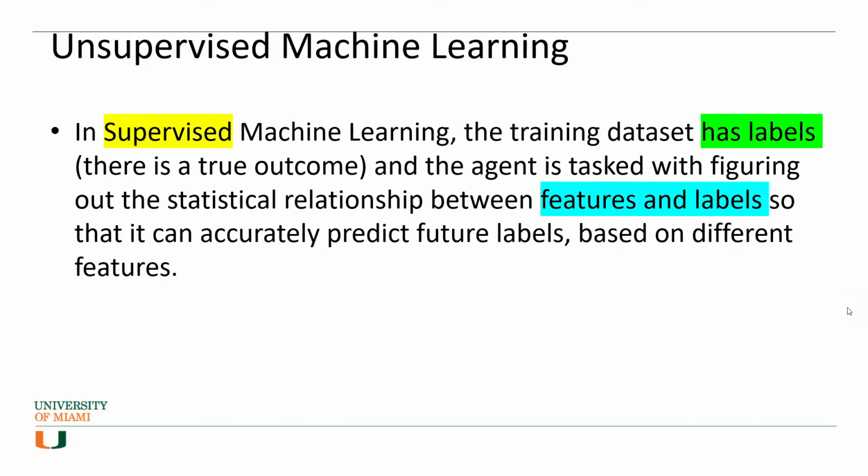If you remember, so far we've been discussing supervised machine learning algorithms in which the training data set has labels, right? There is a true outcome, or a true classification, for every observation in the data set.